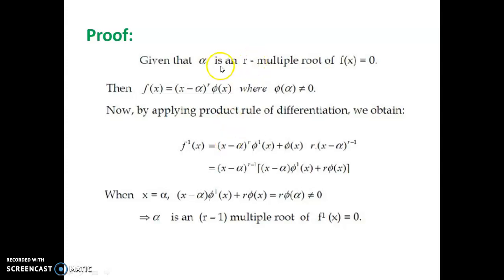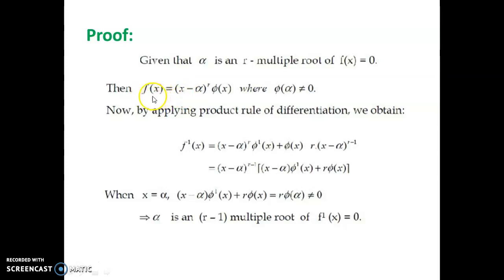It is given that alpha is an r multiple root of f of x is equal to 0. Therefore, x minus alpha whole raised to r is a factor of this polynomial function f of x.